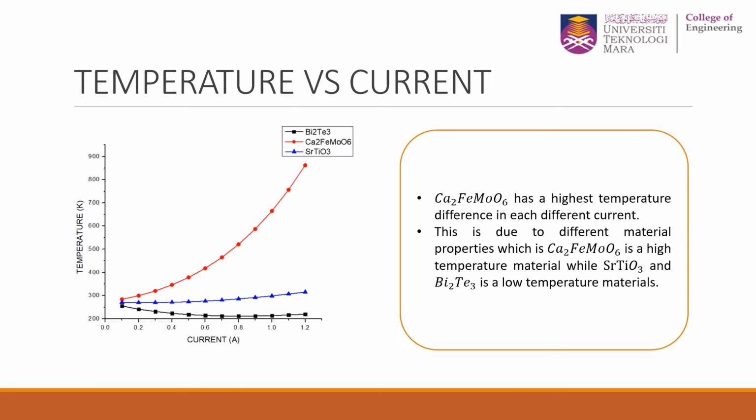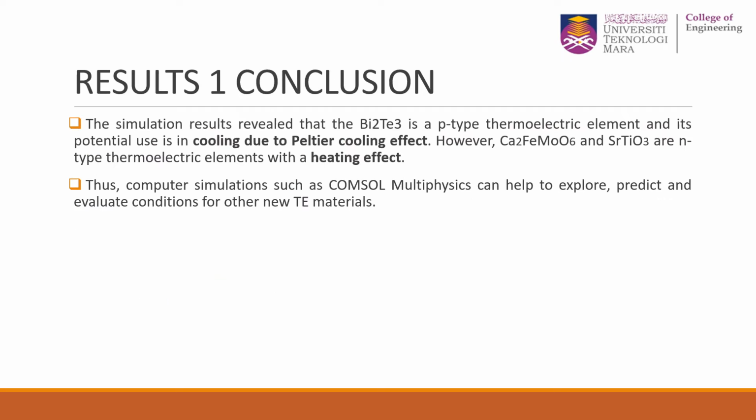Lastly, temperature versus current, we can see that CFMO gives the highest temperature difference in each different current. This is due to different material property, which is CFMO is a high temperature material, while SrTiO3 and bismuth telluride are low temperature materials.